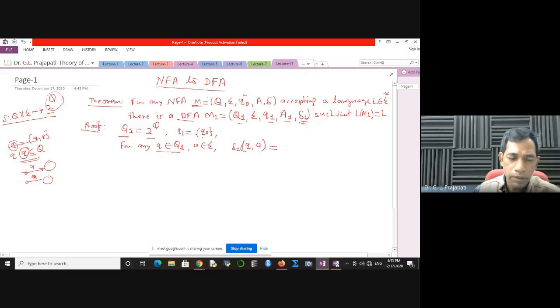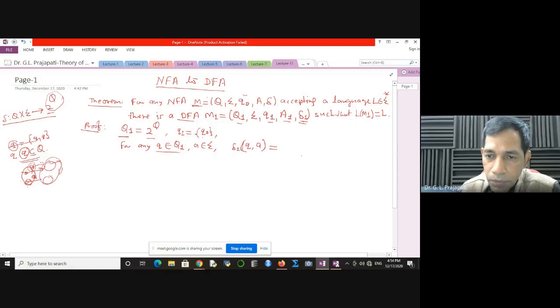From this state in the NFA, for the input A, you go to some place, and from the next state, taking A, you go to some state, and then make the union. Then this is the subset, and you can say that from this subset you can transit to that subset. So you can define the transition of the DFA on behalf of the transition of your NFA.